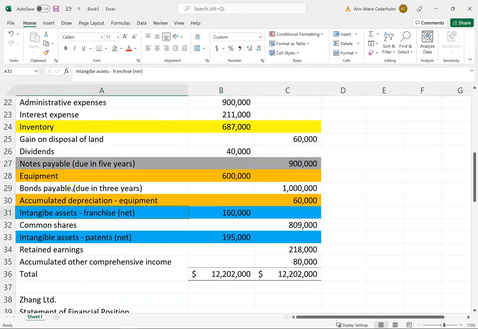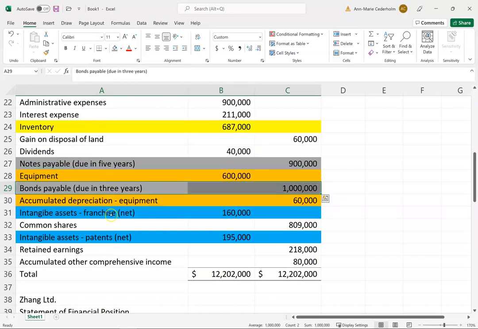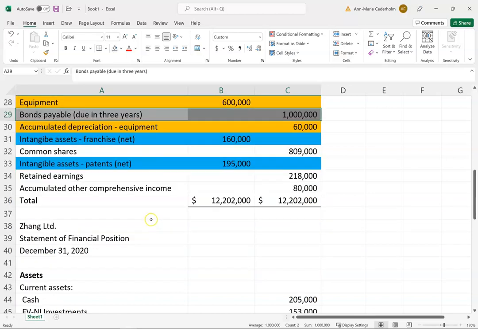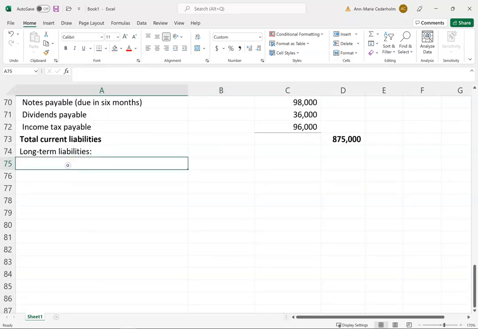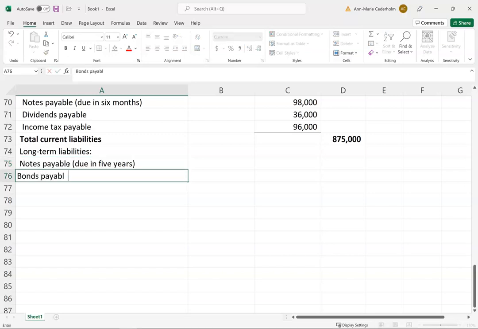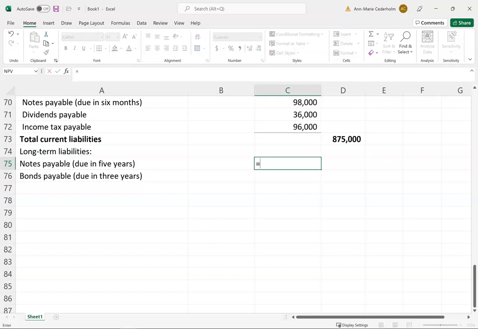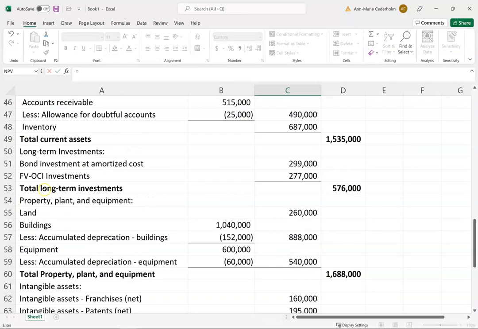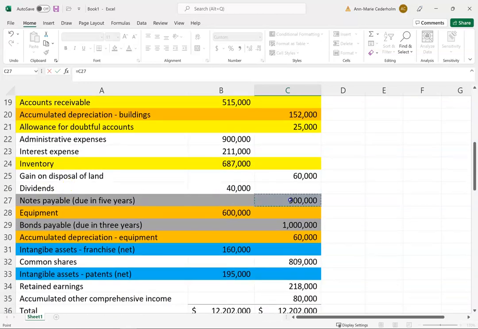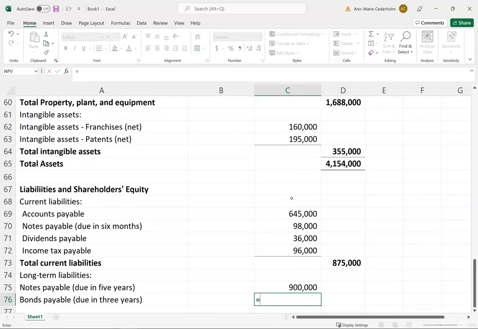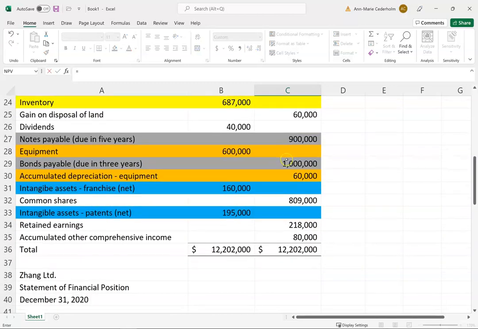So notes payable due in 5 years, and then this bonds payable due in 3 years. Those are the only ones that I see. So those are the ones that I'm going to take. And I think it was bonds payable due in 3 years. 5 years and 3 years.